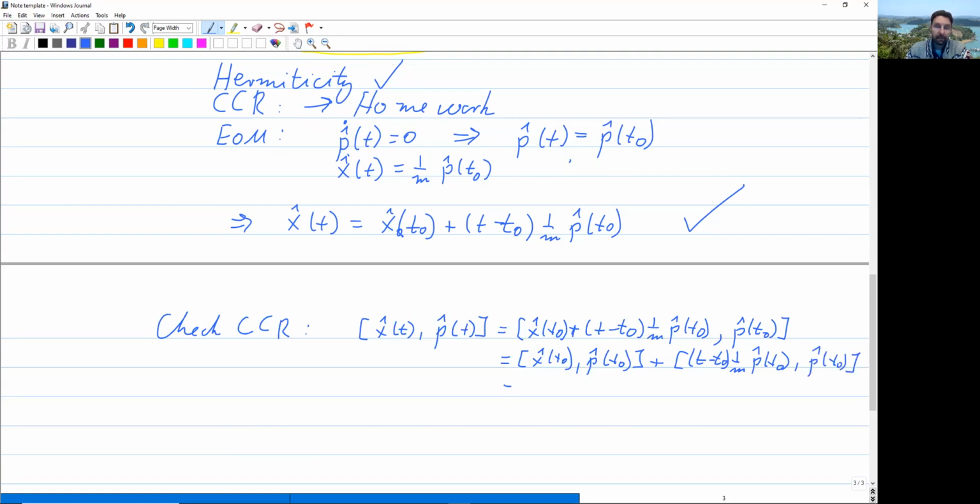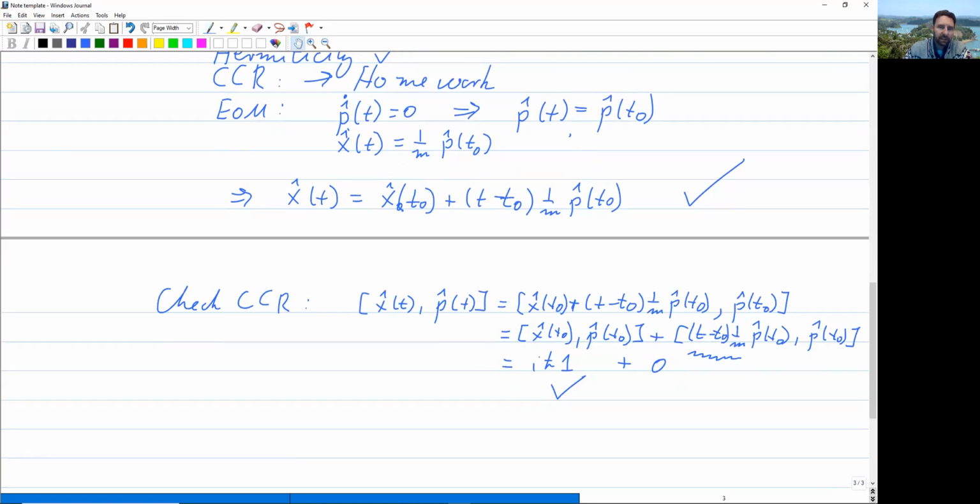Now, this is equal to i h bar times the identity matrix, plus 0. Why 0? Because this is a number which we can pull out of the commutator. And the commutator between p hat of t naught and p hat of t naught is 0, of course. Anything commutes with itself. So therefore, the commutator between x and p is i h bar 1 at all times. So that's good. But there is better news than this.